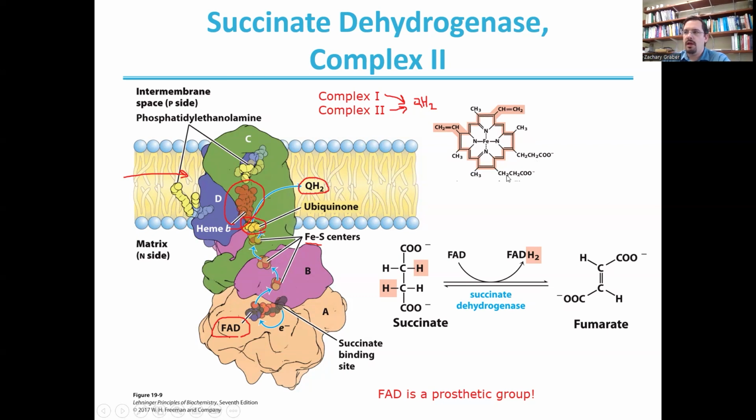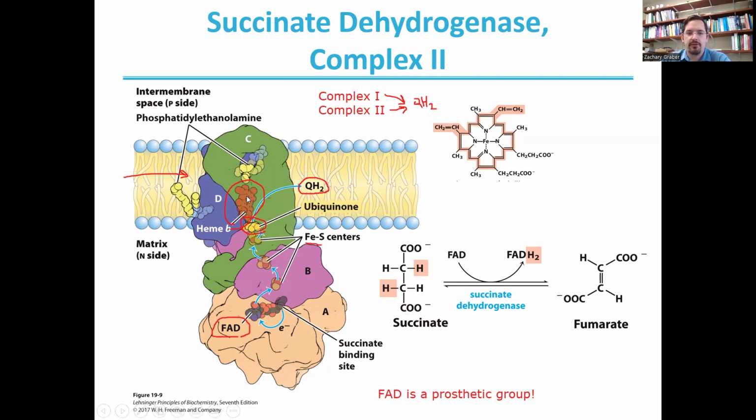And the role of our cytochrome B here isn't 100% known, but it's thought to act as maybe an electron carrier to help catch electrons that might try to slip out from our ubiquinone. So one of the issues that we'll talk about in more depth later is that once we produce these sorts of reduced electron carriers like our ubiquinol or even our NADH, they can potentially give those electrons away to oxidize other molecules, which can then cause some of the oxidative damage.